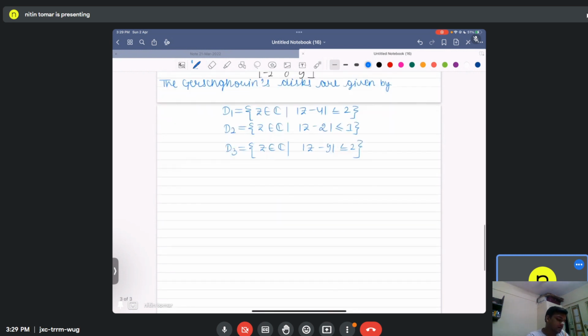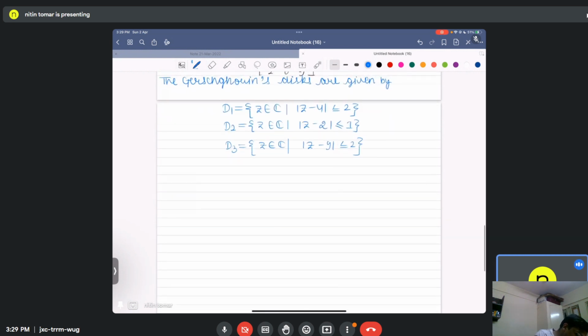Okay. So if on the number line you draw it, on the complex plane, you have 1 2 3 4 5 6 7 8 9 10 11.